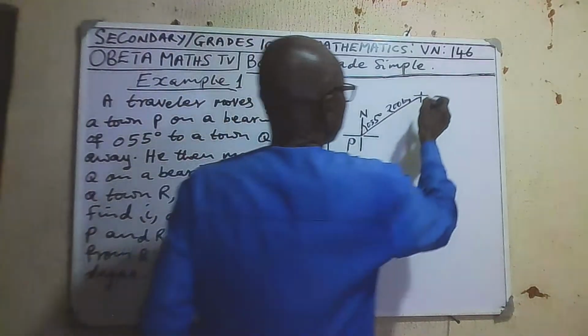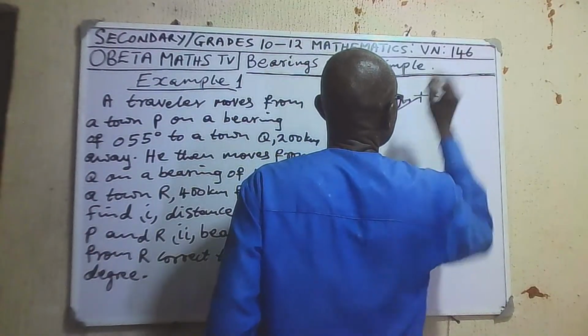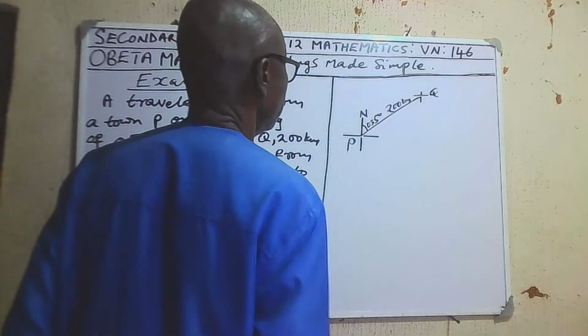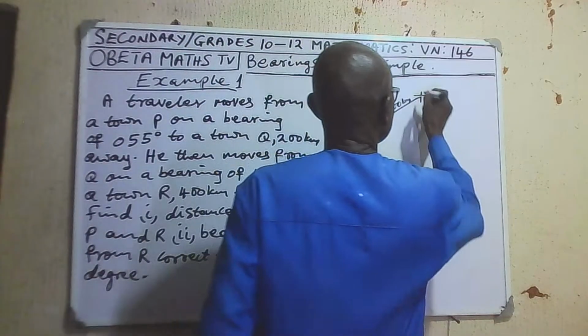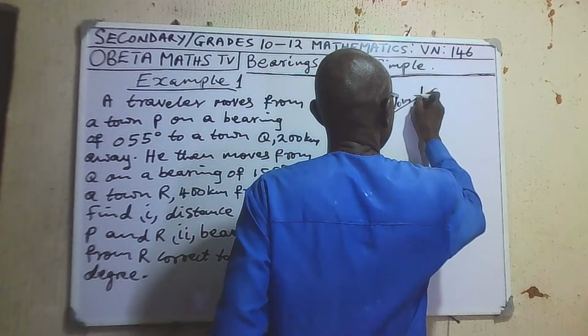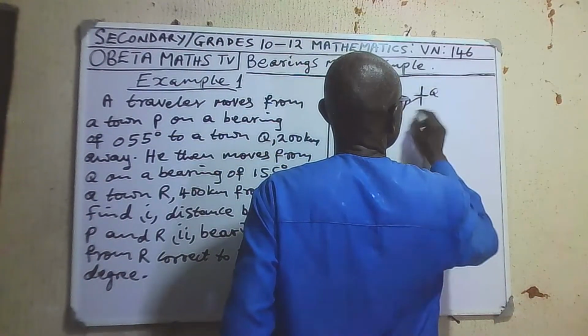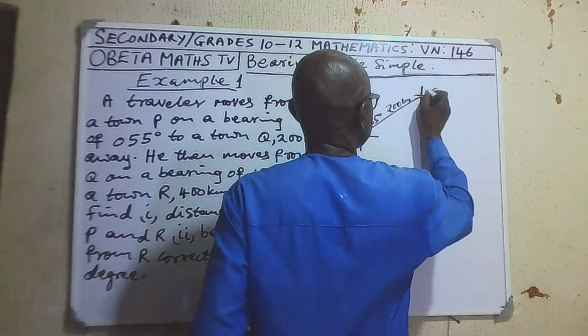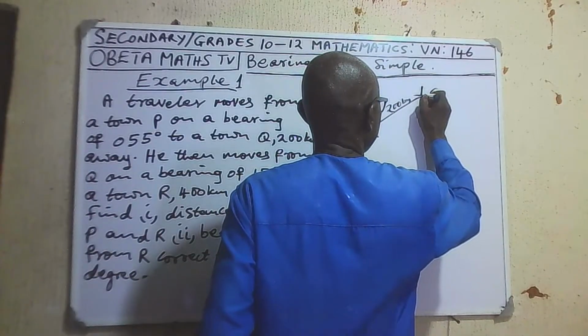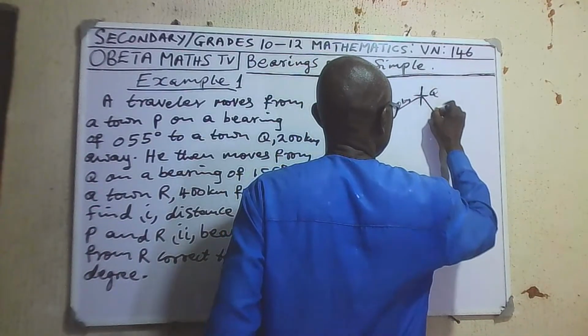So this is Q, and then to move on, you have to form another cardinal points here. Now this is 90, 180. So 155, we are using this to locate it.